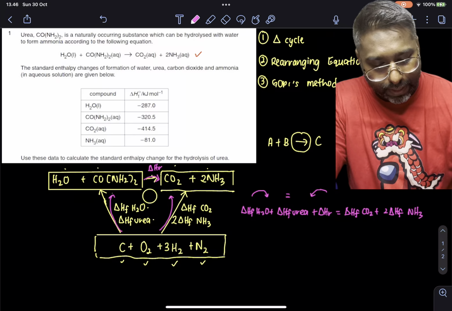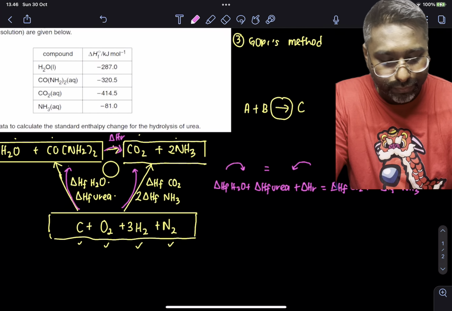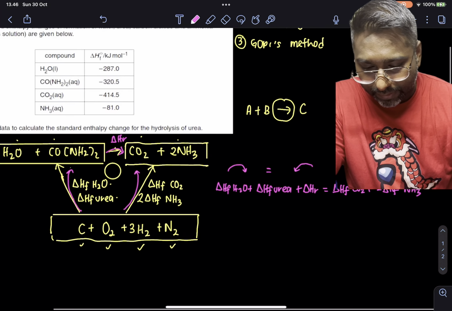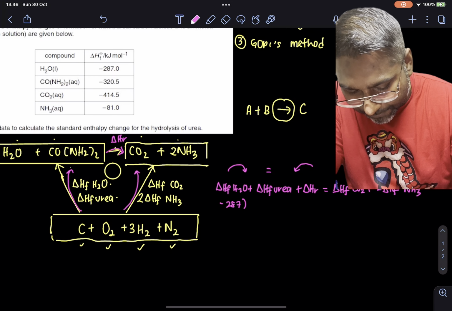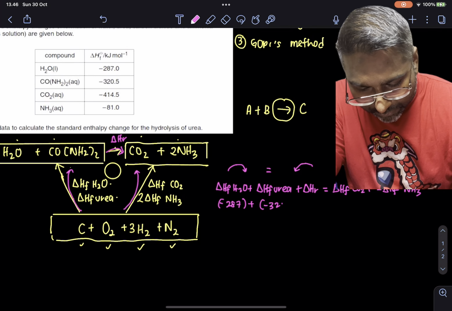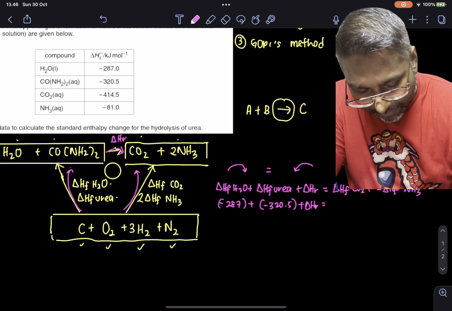And when I have this, what I need to do is just replace the values. The enthalpy change of formation of water is going to be negative 287, plus the formation of urea, which is negative 320.5. The enthalpy change of reaction is what we want to find.